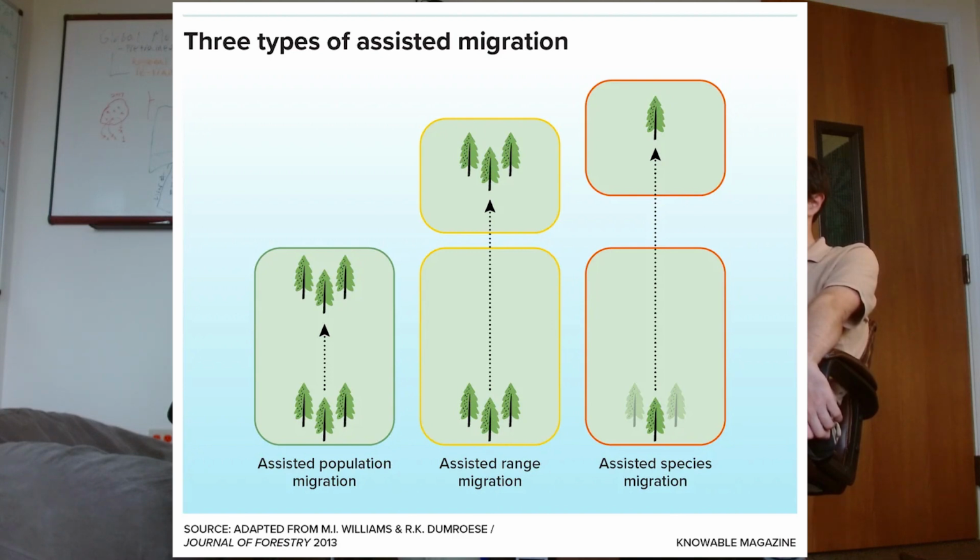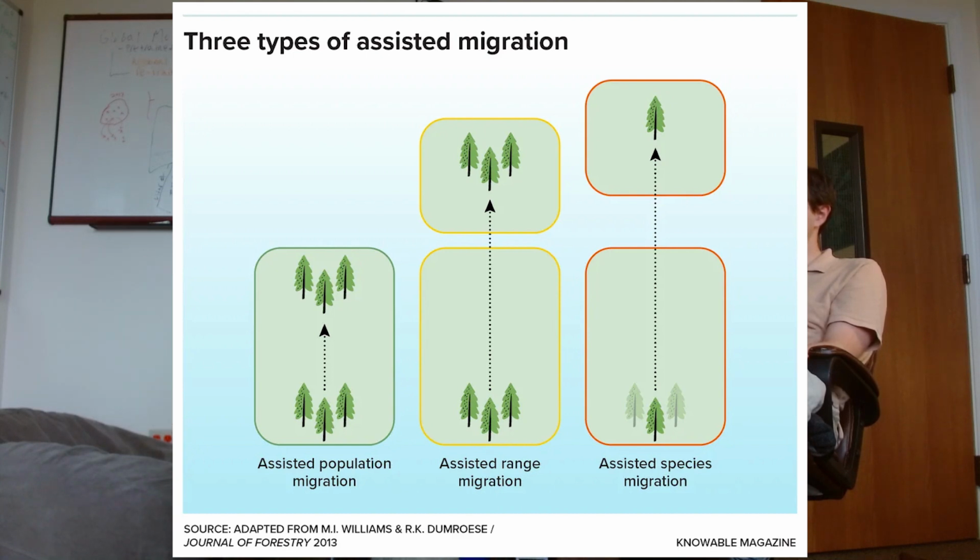There's also range expansion. So let's use the red maple again. Let's say that you take individuals or a subpopulation and move it outside of the current distribution of where that red maple is. As a hypothetical, say the red maple range limit is the U.S.-Canadian border, and then range expansion would be taking some of those red maples and moving them past that border.